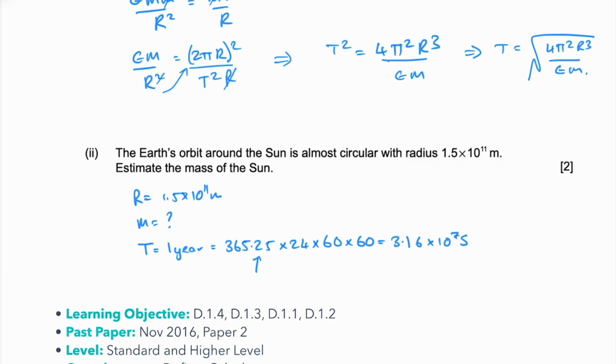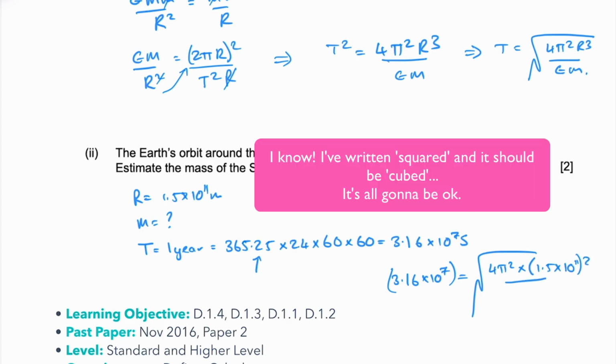Let's pop all of that information into our formula above. So 3.16 times 10 to the 7 equals the square root of 4 pi squared times radius cubed, 1.5 times 10 to the 11 all cubed, divided by 6.67 times 10 to the minus 11 M.